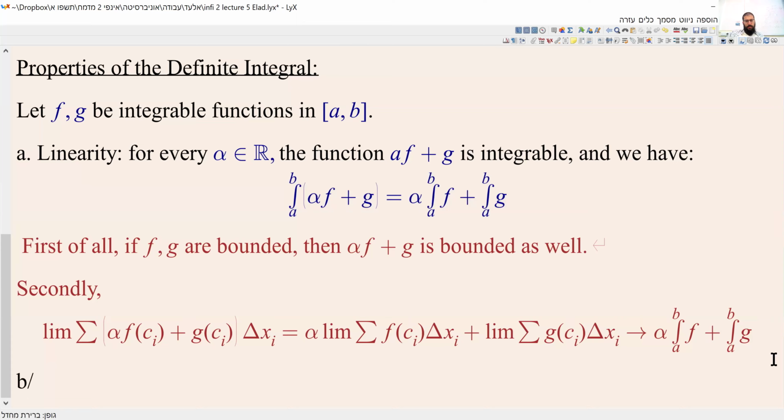Second property, the definite integral is monotone. What do I mean by that?